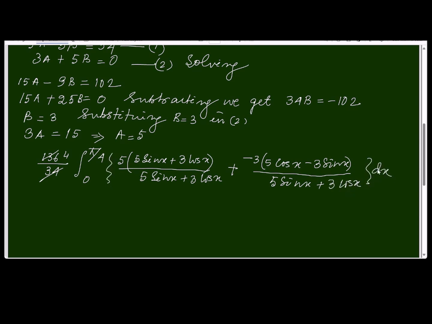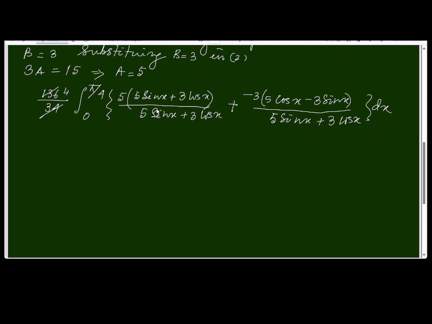dx. So the first one we can see that it is only 5. With respect to dx, its integration will be 5x. And the second one will be, if I take the denominator as t, this numerator is dt, so this will be minus 3 integration of dt by t.